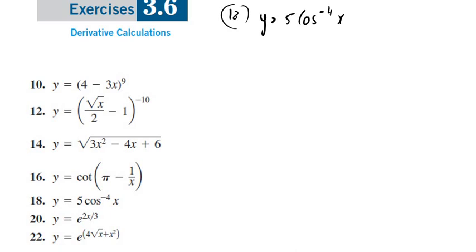Let me write 18. 18 is y equals pi cos minus 4x. So this is your baby function here.